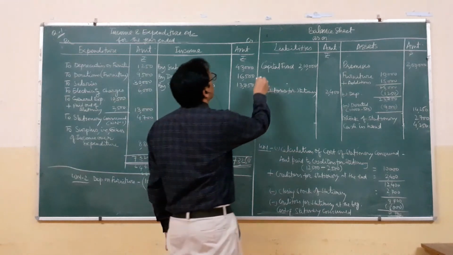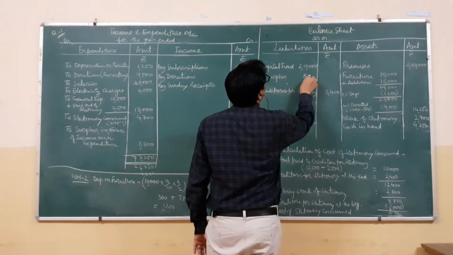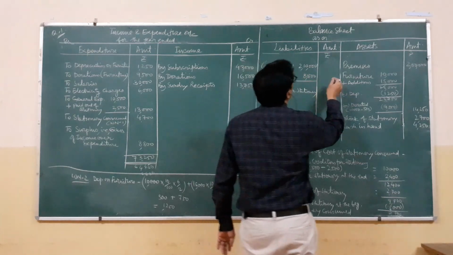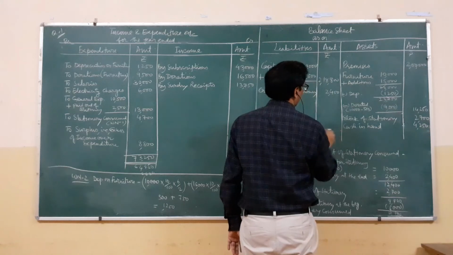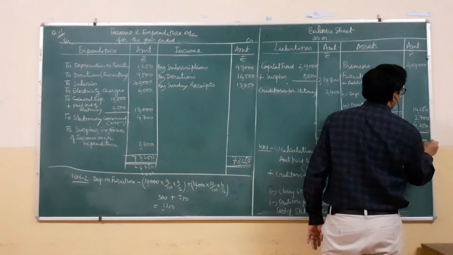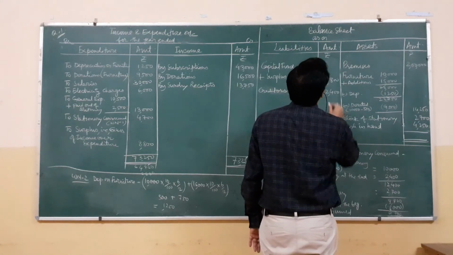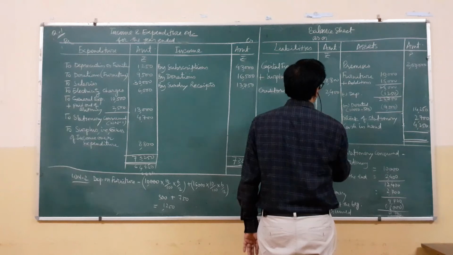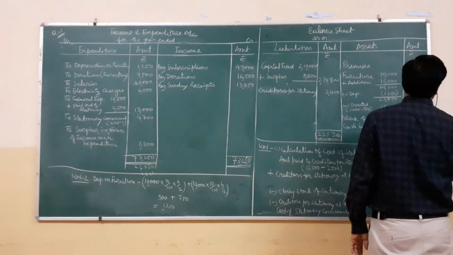This 8,800 will be added here to the surplus. So this is 2,18,800. Then we take the total. 2,21,200 here.